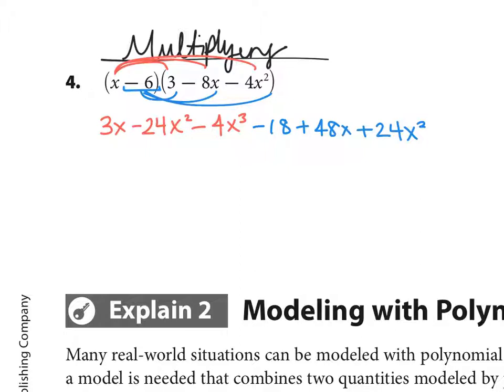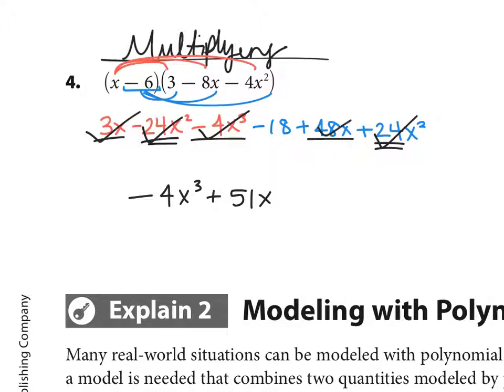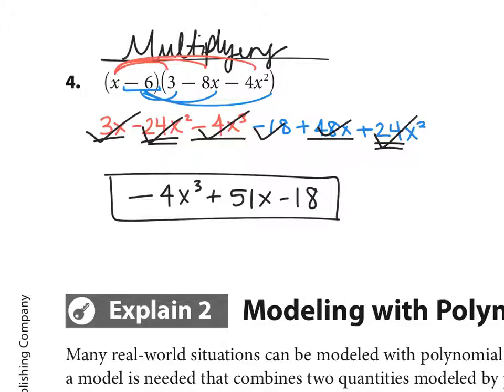And again, I like to do standard form, so I'm going to just count down. So that's -4x to the 3rd. Let's see, the 24x squareds are going to cancel each other out. I have a 48x and a 3x, so that's going to be +51x. And then -18. And that's how we multiply.